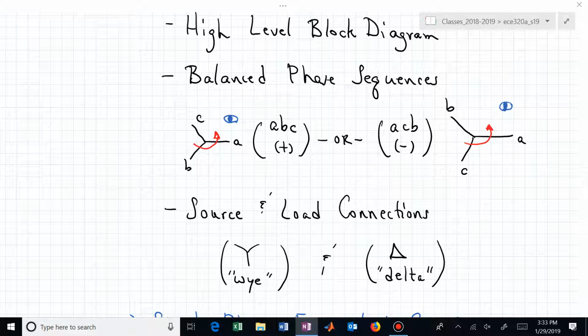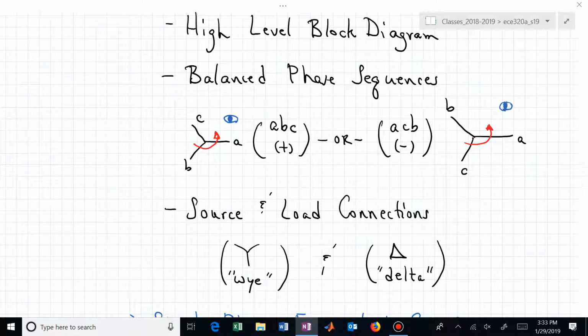And I hope that, well, these drawings are not accurate, but they will hopefully help you see that if it's a balanced phase sequence, A, B, and C basically divide 360 degrees equally. So you split 360 degrees by 3, and each one is 120 degrees apart.